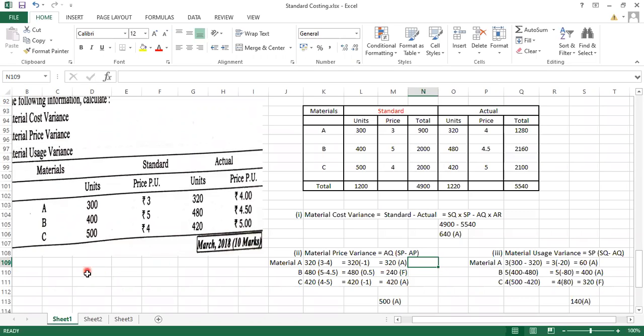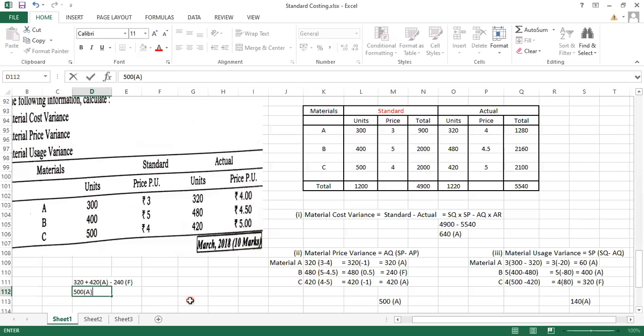So you will be getting down over here 500, which is adverse.